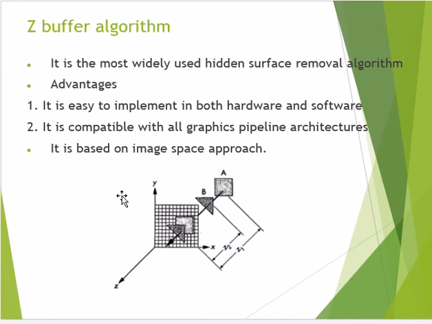It is based on the image space approach, where the complexity is O of k instead of O of k square in the case of the object space approach. Here we find the depth values for each and every polygon, which can easily tell me which is in front and which is at the back.